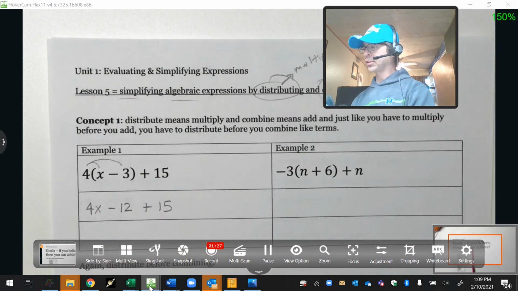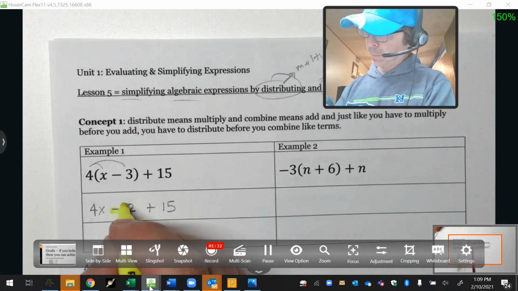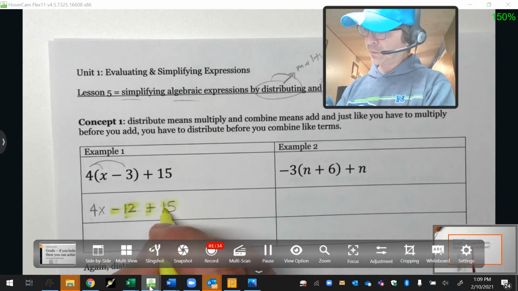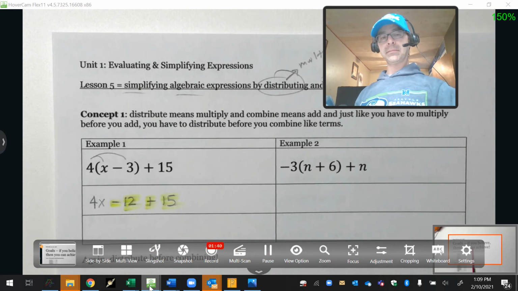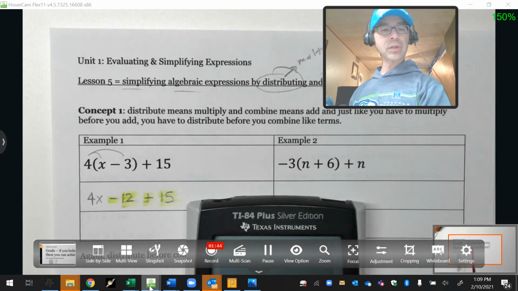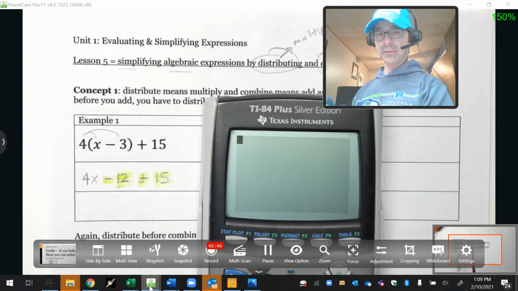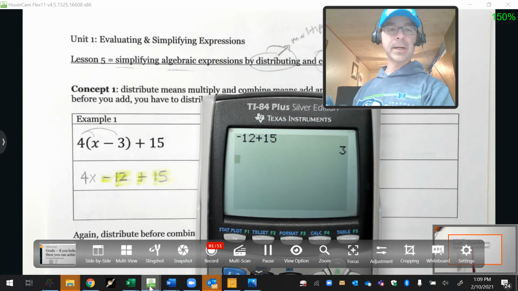Then you combine like terms, which is this negative 12 and this positive 15. When you combine them, you get positive 3 or negative 3? Let's check. Negative 12 plus positive 15 equals positive 3.